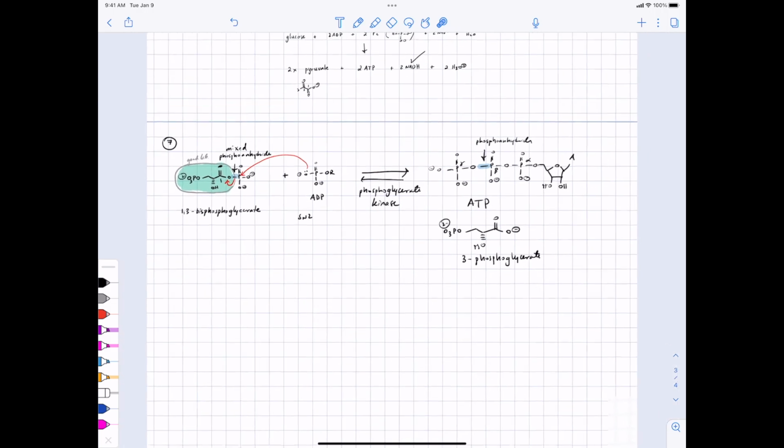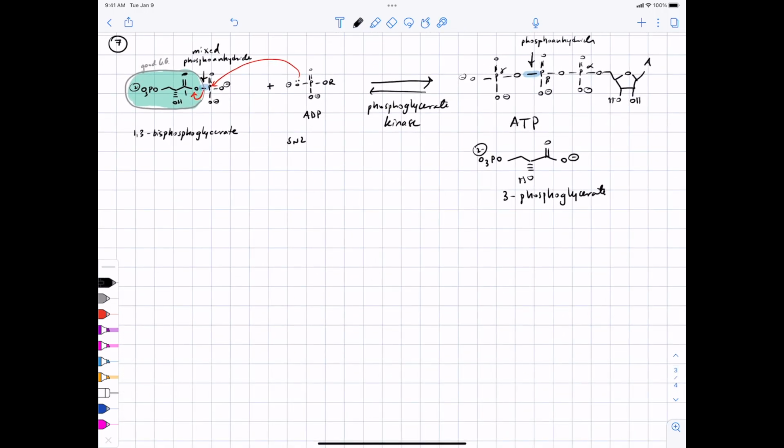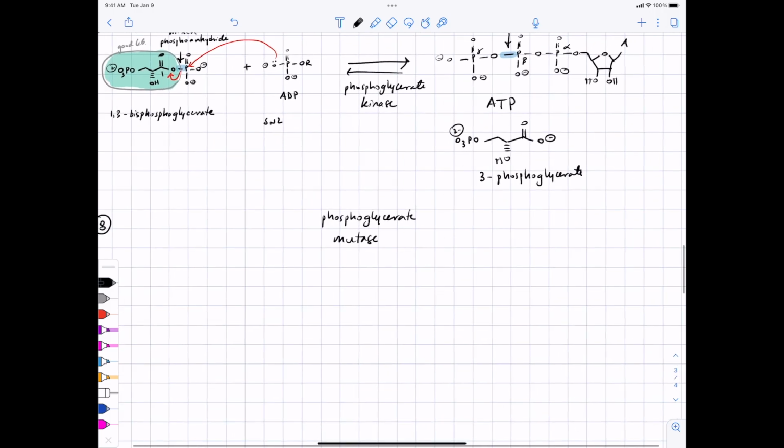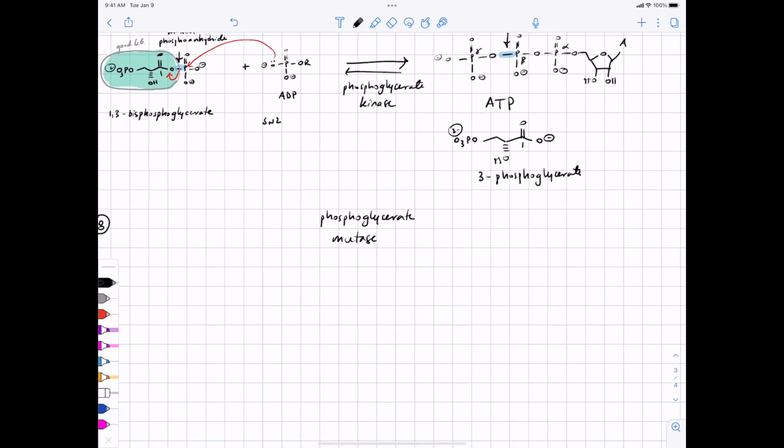All right, step 8 is an isomerase step. The enzyme that catalyzes this is called phosphoglycerate mutase, and it simply moves a phosphate group from carbon 3 of 3-phosphoglycerate.